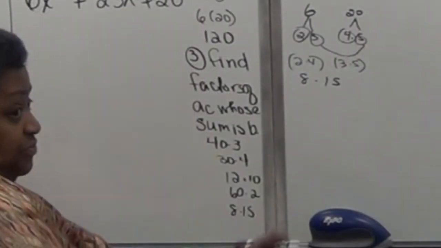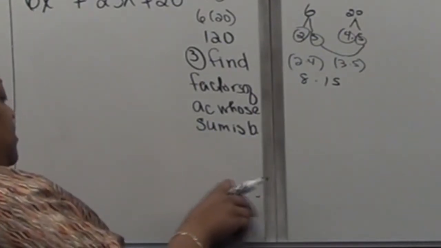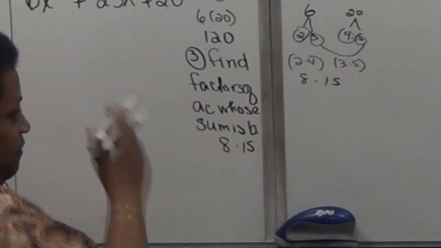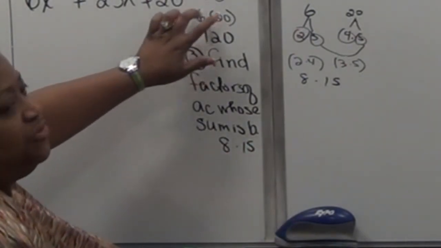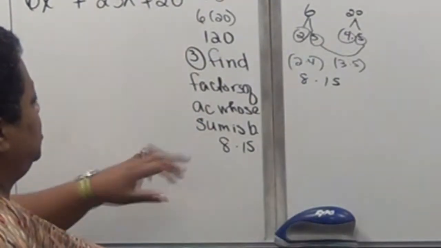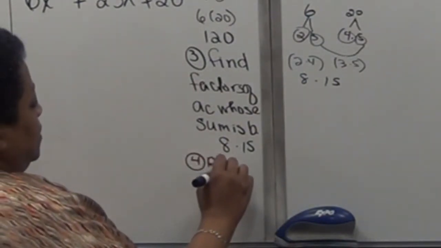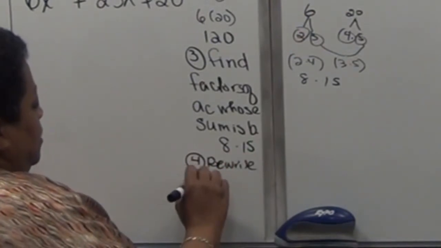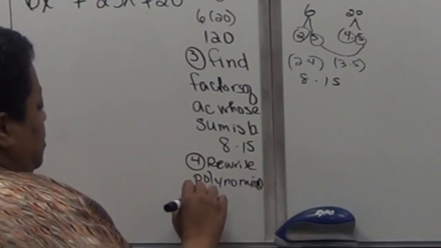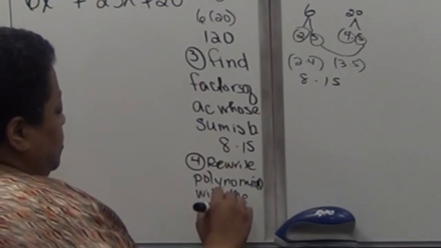All right, so the factors that we're going to use are 8 and 15. So if we can't think of our factors right away, break down our original factors and manipulate them. After we do this, we're going to rewrite the polynomial with the new factors.